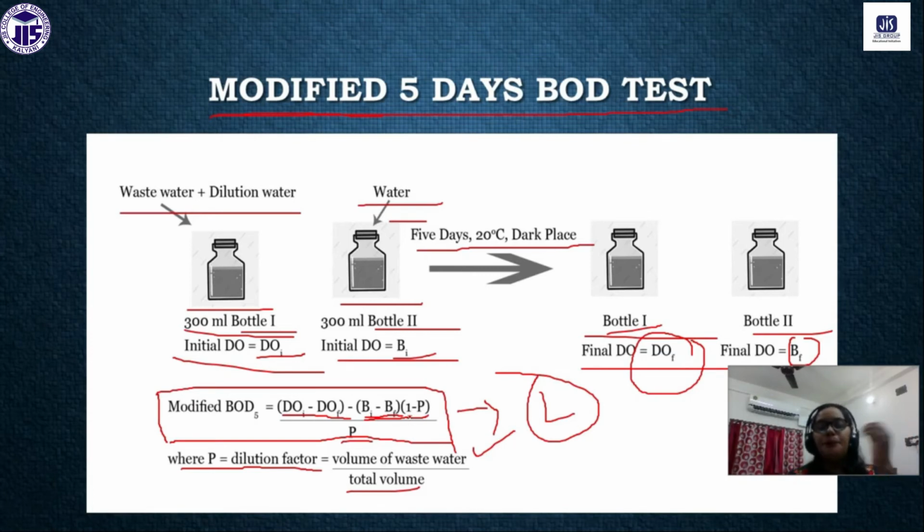Understand? Is it clear to all? Because this equation is very important, based on this equation you can have so many numericals in your exam. So it is very important for you to understand how we have done the modified BOD test, how we get this equation, and each and every parameter that you should know: what is DOI, what is DOF, what is BI, what is BF.